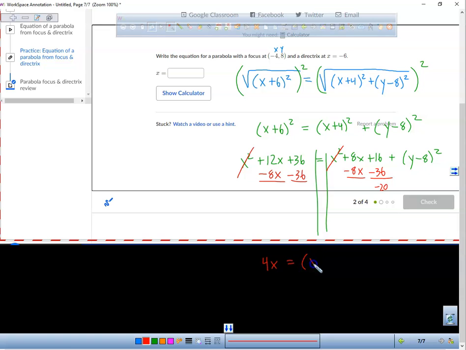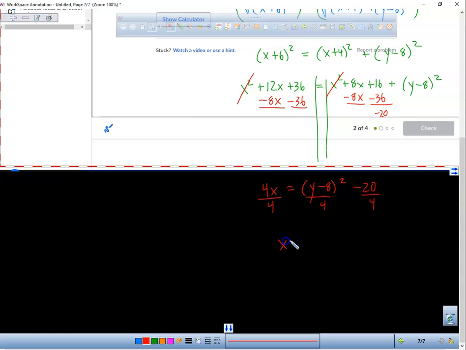So I have (y minus 8) squared minus 20, and then I just divide everything by 4, and I'm done. So I got x equals (y minus 8) squared over 4 minus 5.